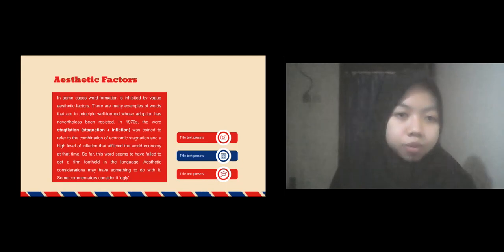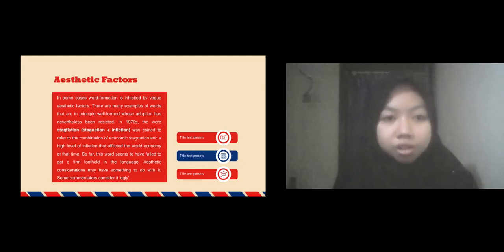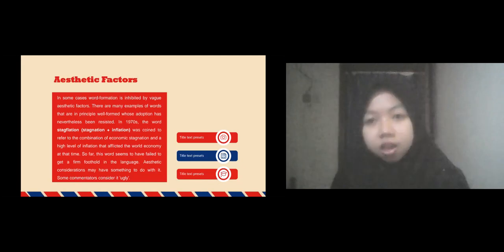So far, this word seems to have failed to get a firm foothold in the language. Aesthetic consideration may have something to do with it. Some commentators consider it ugly, so that word is not used anymore in recent situations.